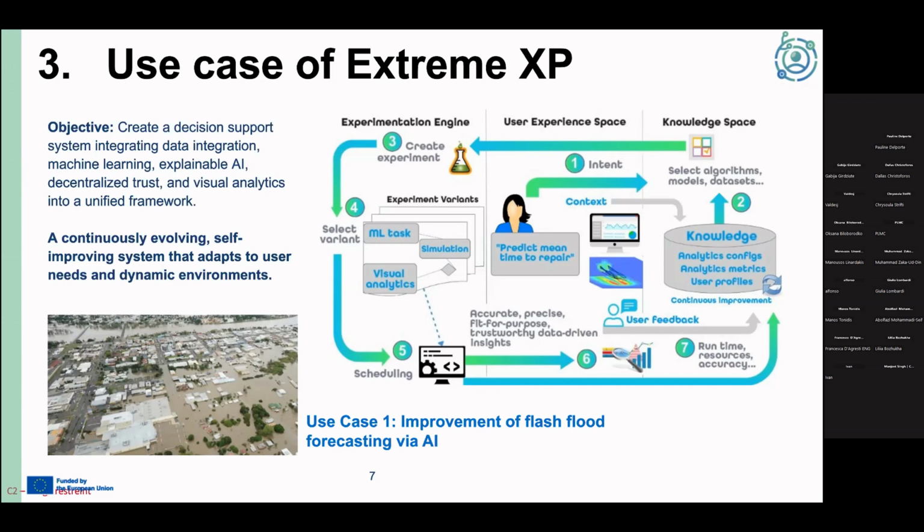But if he is not a scientist, he will be able only to see the visualization, for example. So the user in ExtremeXP is in the center of the loop, and we are dealing with different use cases to improve our models according to the user.